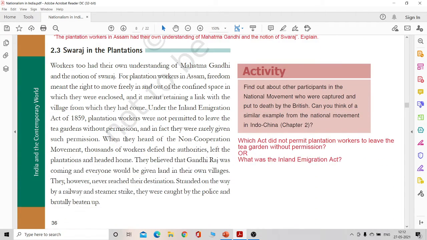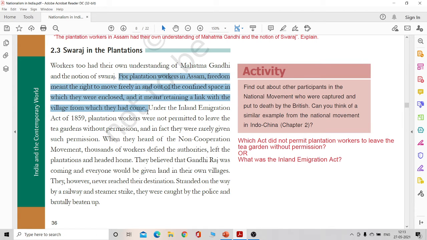So here you have to understand that for the workers, the notion of Swaraj was as simple as being able to leave the tea gardens and visit home, and to get better wages, right? So their idea of Swaraj was the right to move freely.